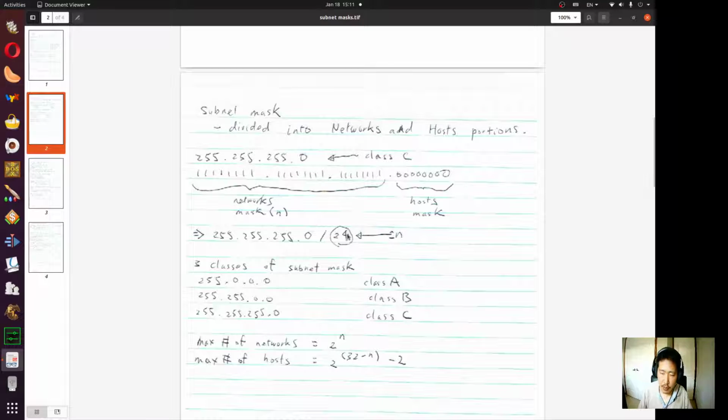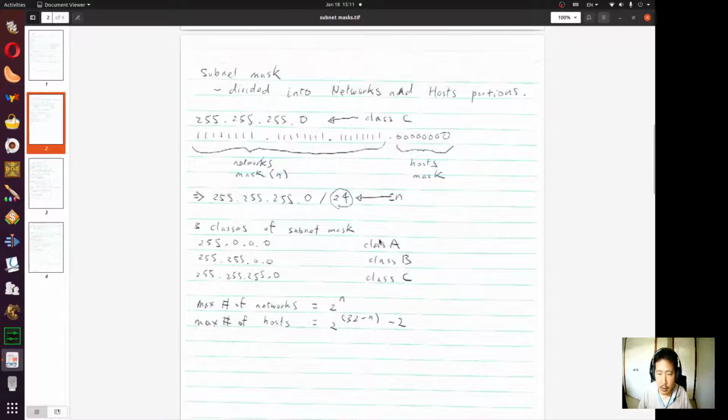This is how you represent a network mask, subnet mask. You write its IP address and then slash and then number n, which is number of bits that are turned on. There are 24 bits that are turned on, or 1, so you put slash 24. Okay.